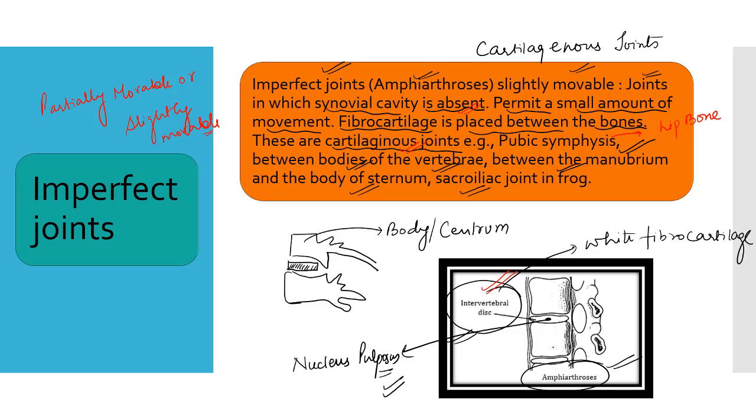The intervertebral disc is made up of white fibrocartilage. Pubic symphysis is also made up of white fibrocartilage. It is also present between the manubrium and the body of sternum, and the sacroiliac joint of frog. So they all are amphiarthrosis or cartilaginous joints.